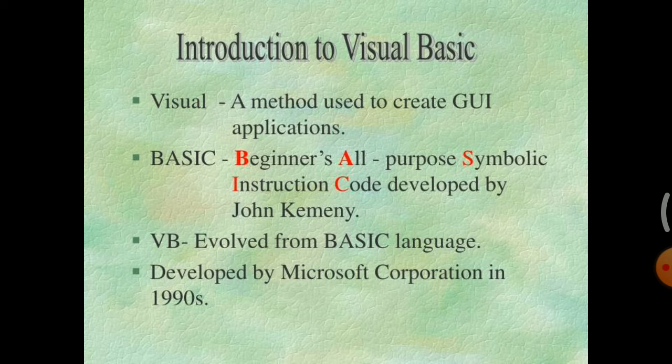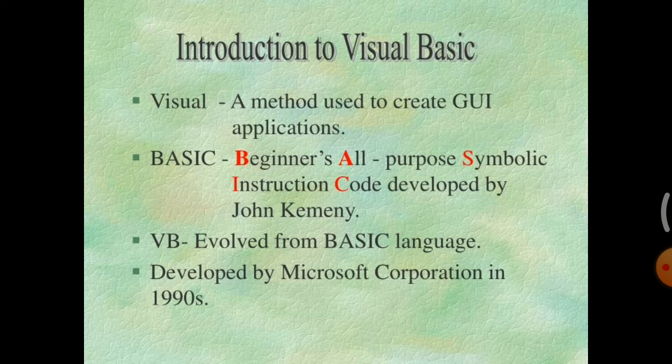Here is an introduction about Visual Basic. Visual means a method used to create GUI applications. You know what is GUI, that is graphical user interface. The next is Basic, that is Beginners All Purpose Symbolic Instruction Code, developed by John King.